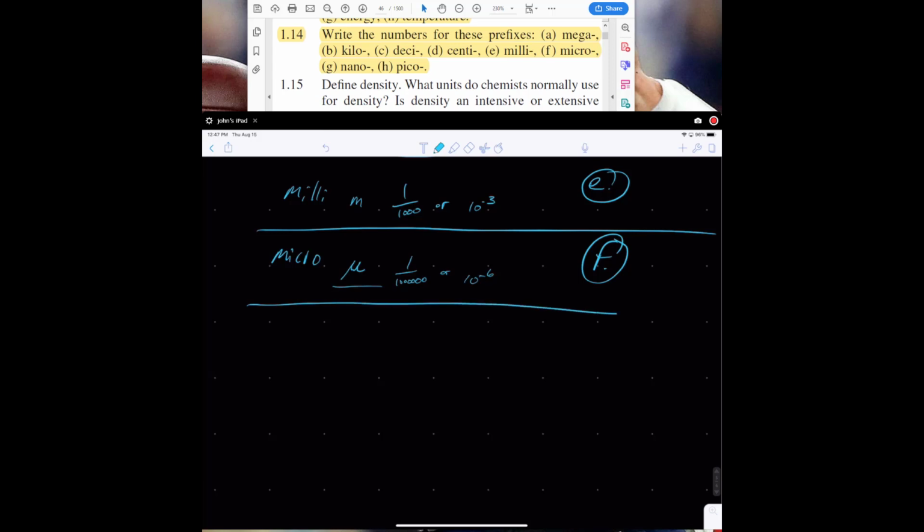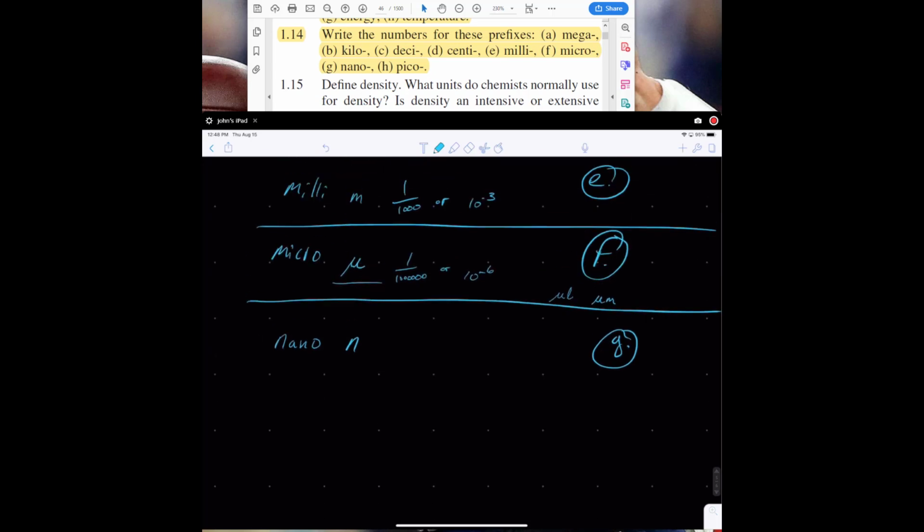Okay? We're going to see micrometers quite a bit throughout chemistry. And if you've taken any biotechnology courses, microliters for volume is very common. But how we would write it is like this: microliters or micrometers, just like that.